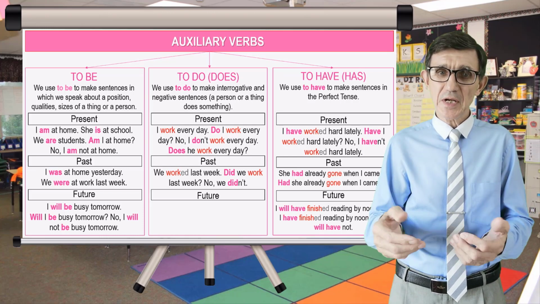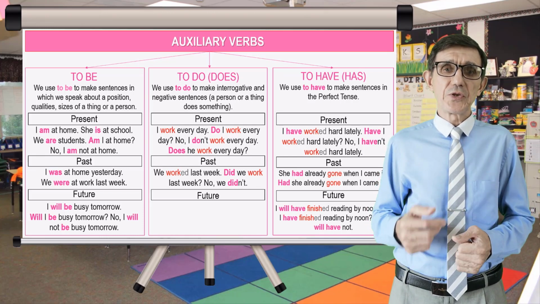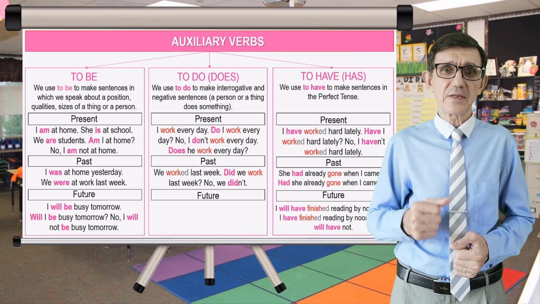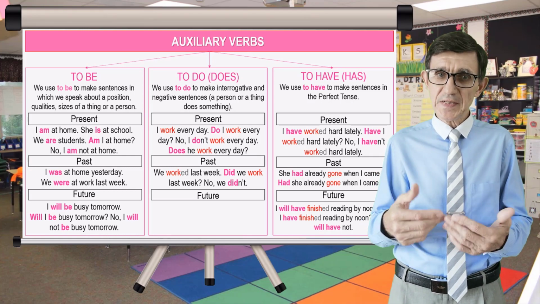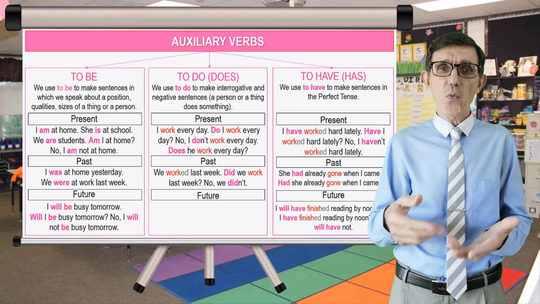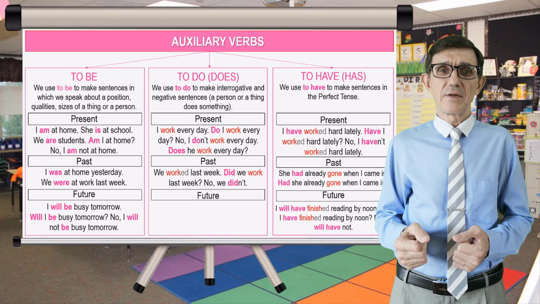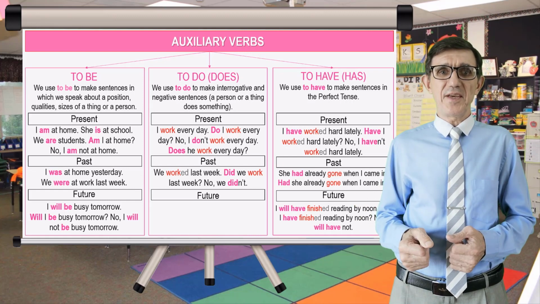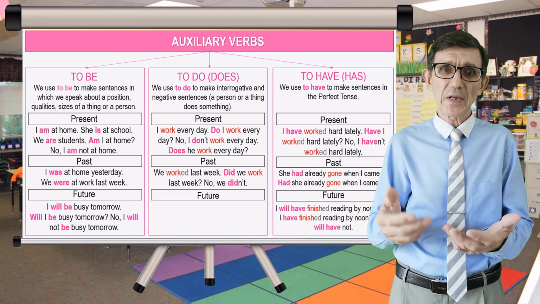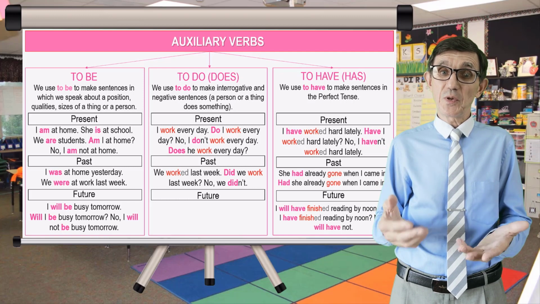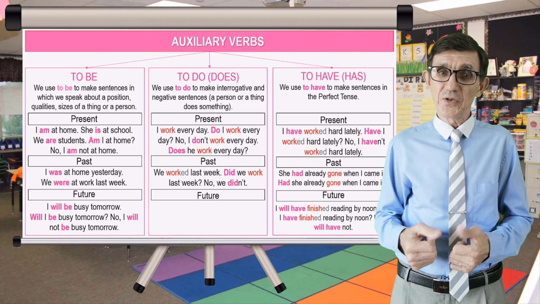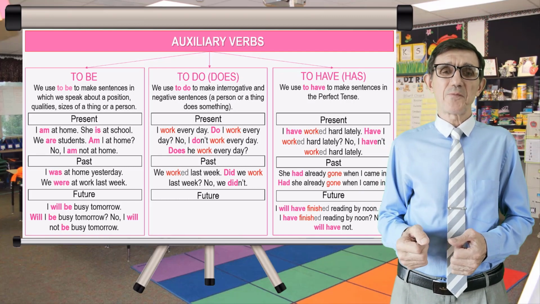We use the auxiliary verb, to do, to make interrogative and negative sentences. A subject does something. I work every day. Do I work every day? No, I don't work every day. We worked last week. Did we work last week? No, we didn't work last week.